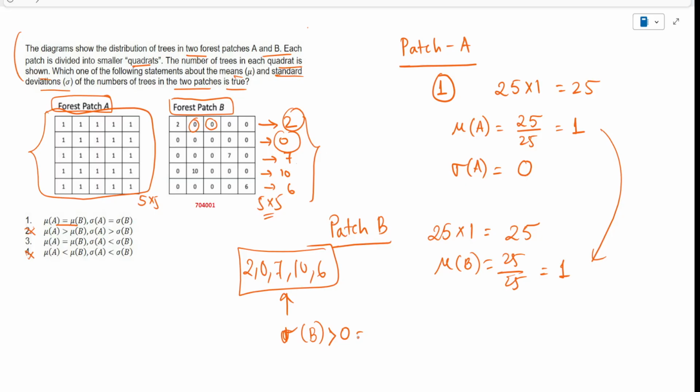That is, sigma of B is obviously greater than sigma of A. This value is 0 and this is greater than 0. So sigma of B is greater than sigma of A. Which option? Option 3 is the correct answer.